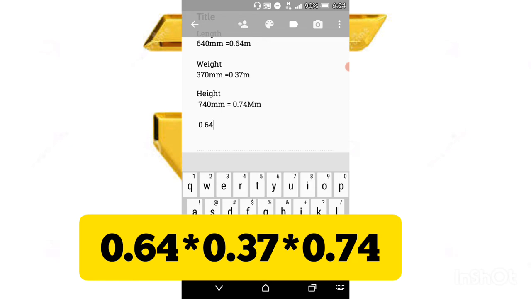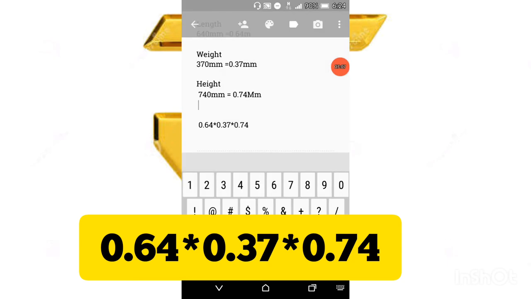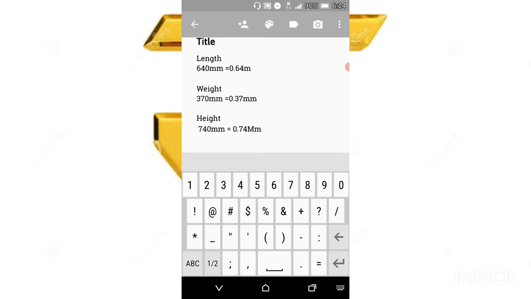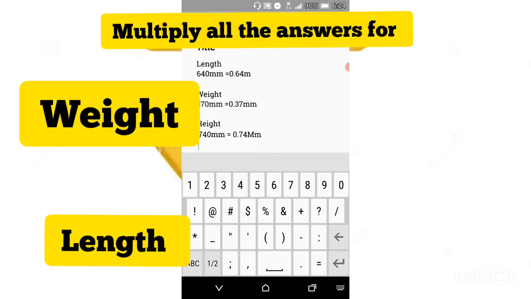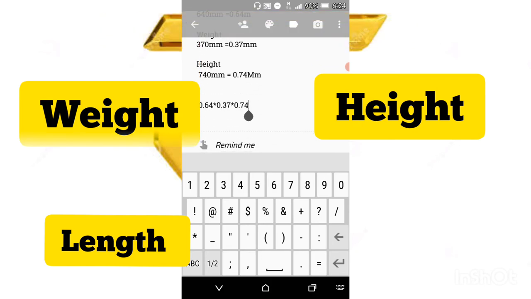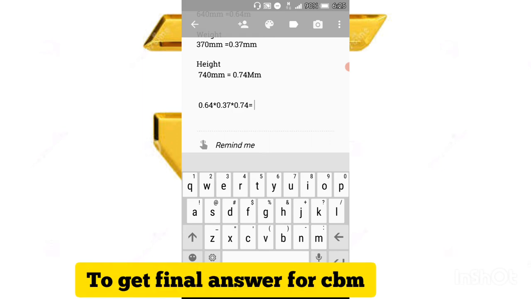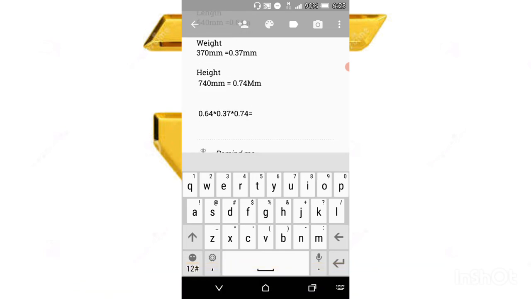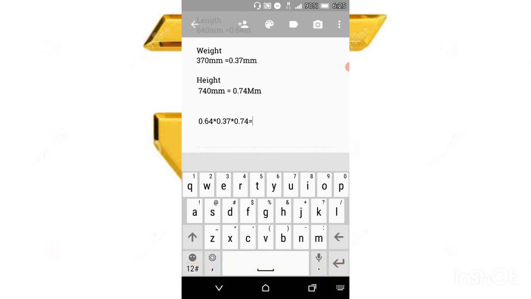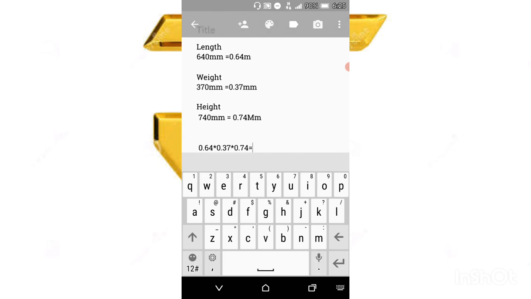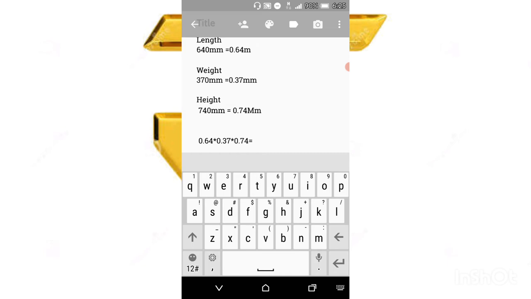Remember, we are calculating in CBM, so we have to multiply all these figures together, the length, the width, and the height, to get our final answer for the cubic meters of the product. Do you remember we are using a washing machine?